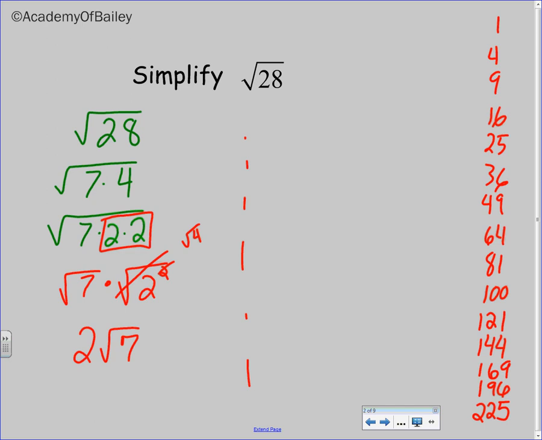These are going to be the perfect squares. We know this is 2 squared, 3 squared, 4 squared, 5 squared, and so forth. You get the idea.